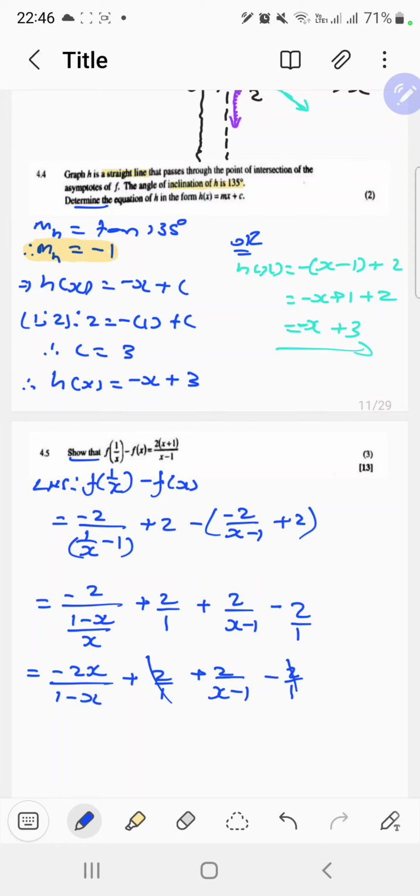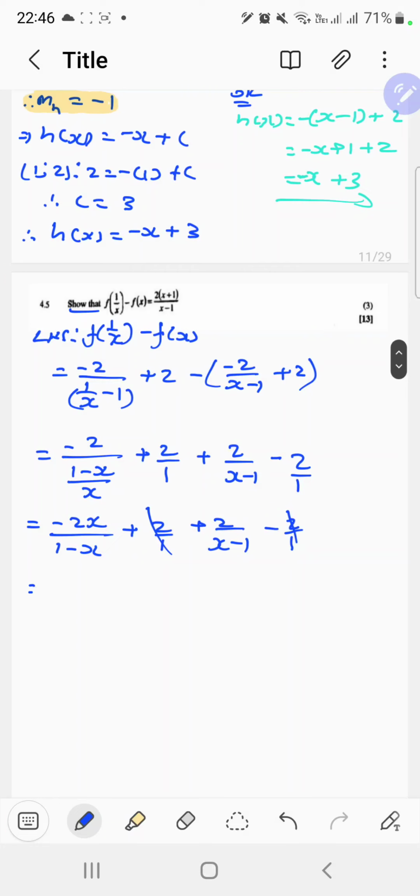Already these ones cancel. So what do we have? We have minus 2x over, we factorize this thing by taking out a negative, it becomes x minus 1 plus 2 over x minus 1. So we want them to look alike.